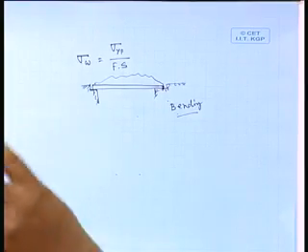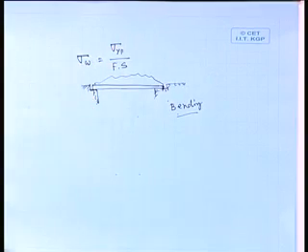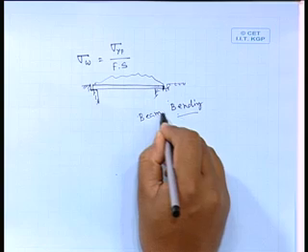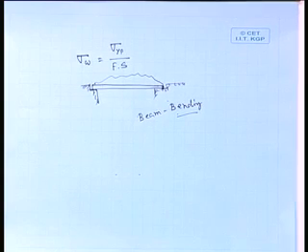So, beam and bending, they are two associated terms. So, we say it is beam bending. A member which is supported and subjected to transverse load is basically a beam, and the type of deformation we say bending.